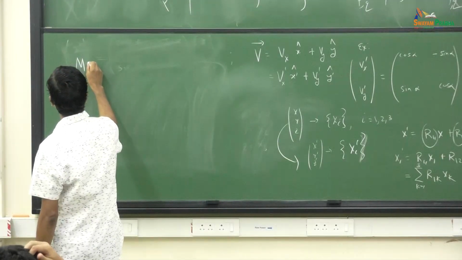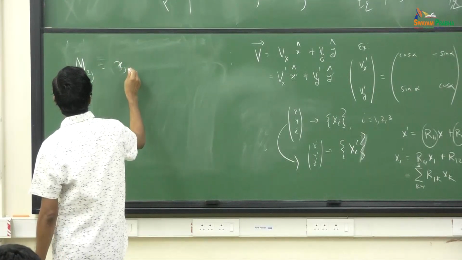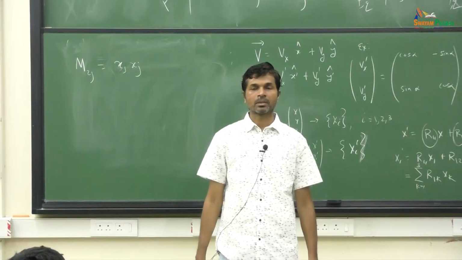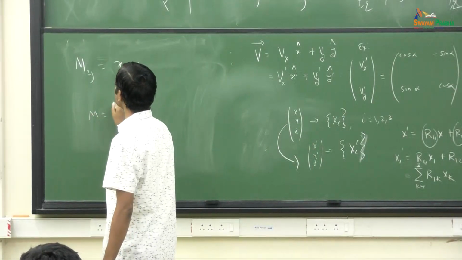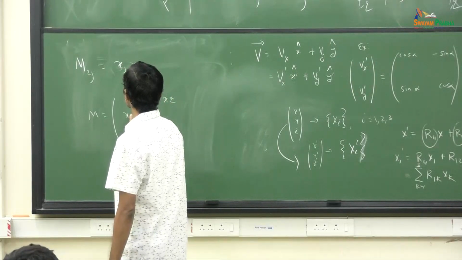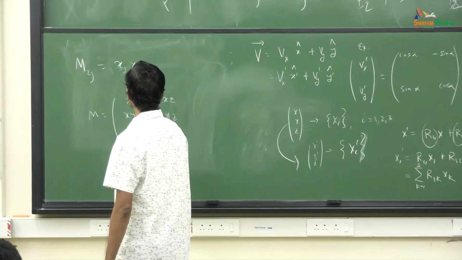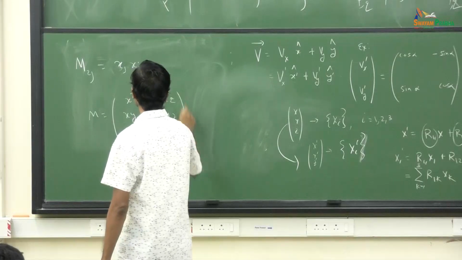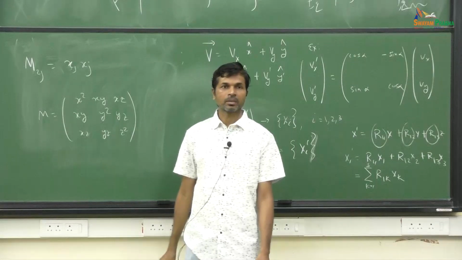Let's say M is a matrix whose components are xi xj, okay. So what is M? M is x square, xy, xz; xy, y square, yz; xz, yz, z square. This is a tensor, okay.